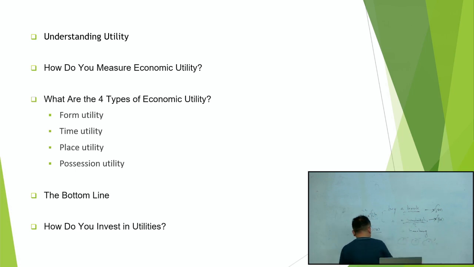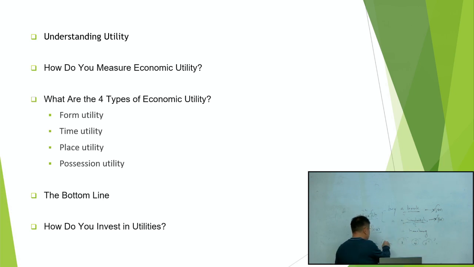The utility is only 1, 2, 3, 4, 5. It means we designate the first apple's utility, the second apple's utility, third, fourth, fifth.